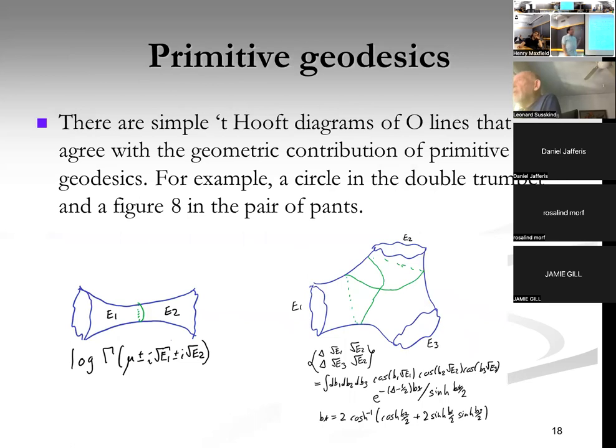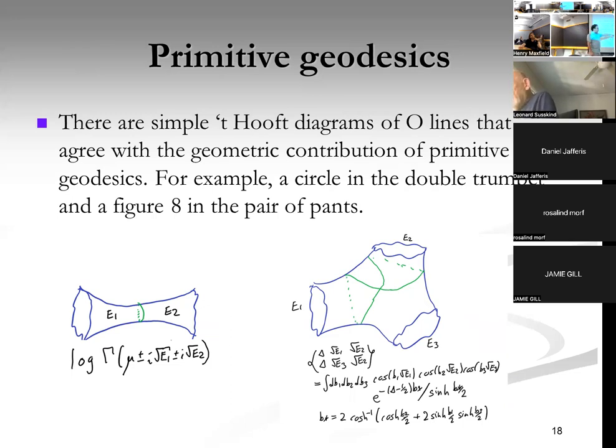And if we have primitive geodesics, the ones that only wrap once, then the matrix model works in a very simple way. Let's say I have the circle in the double trumpet. That's just the propagator of the matrix model. It gives me this factor. This reproduces this simple Selberg formula here, which is just the length of this line.